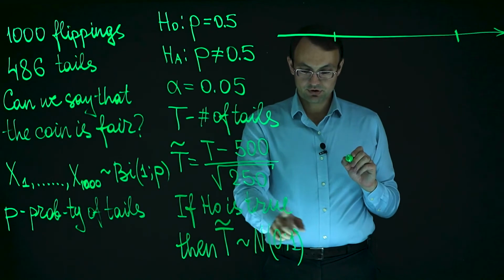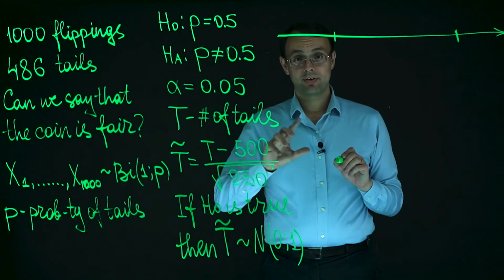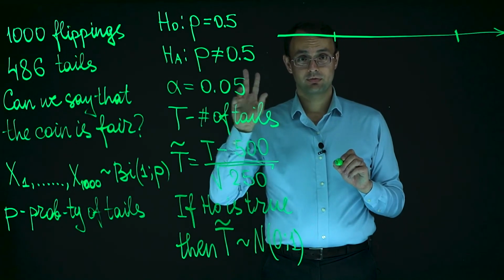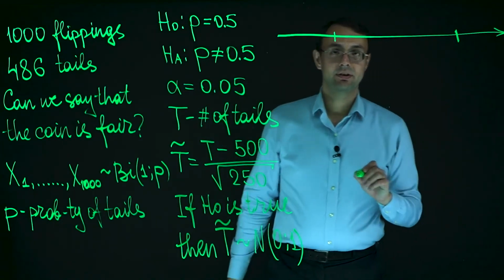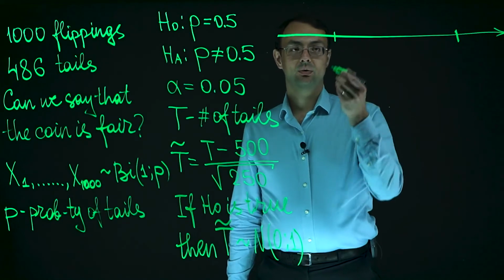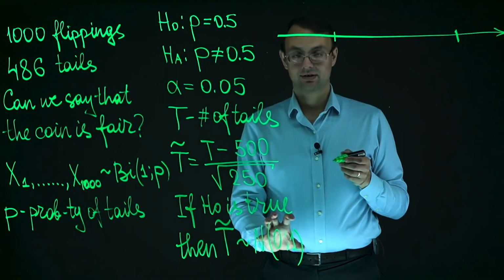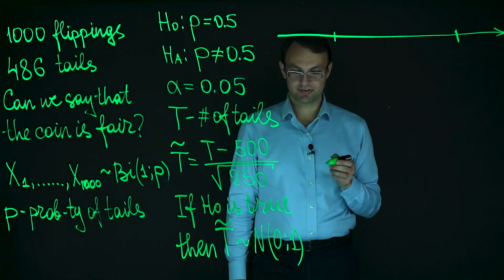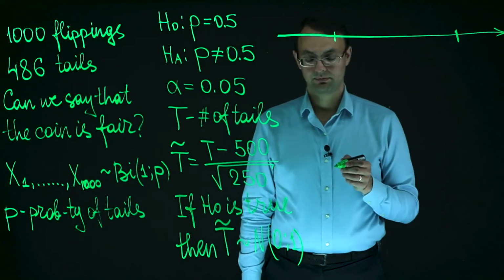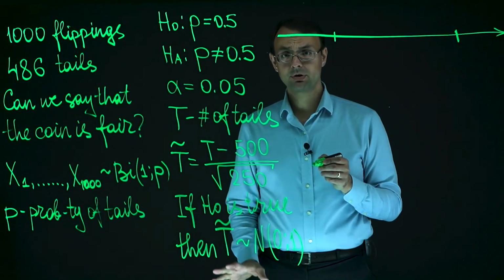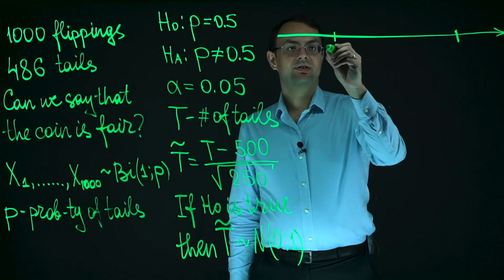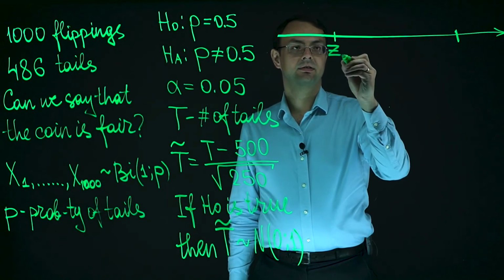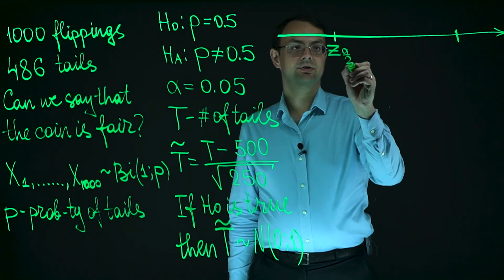So this distribution is what we called the law distribution in our theory. And this is alpha, the significance level. As we use the letter Z for the quantiles of the standard normal distribution, this is Z alpha over 2.